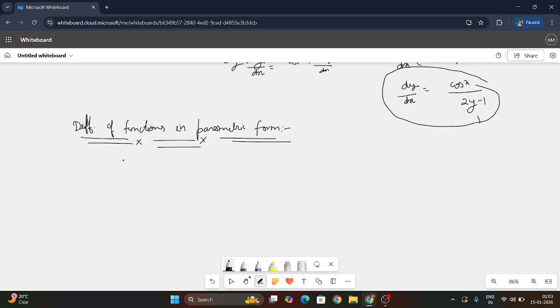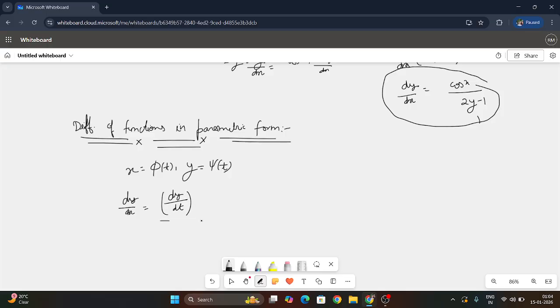Okay, so suppose that we have two functions, x is a function of phi of t and y is a function of, suppose, psi of t. Okay, and you have to find the dy by dx. You know that y is a function of t, so first you have to find dy by dt.